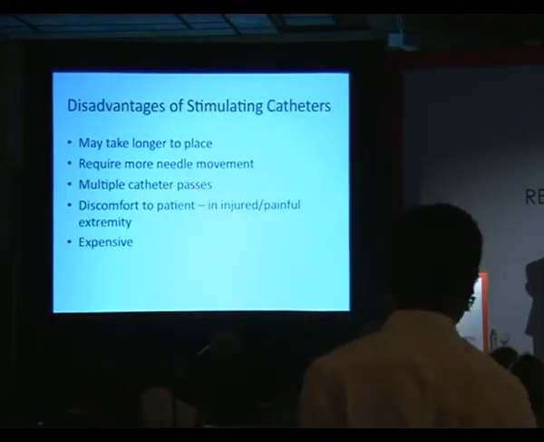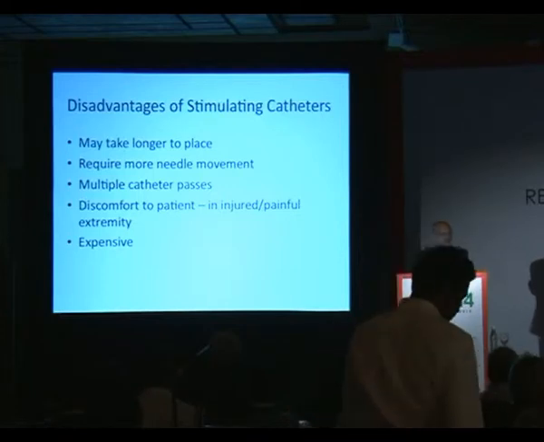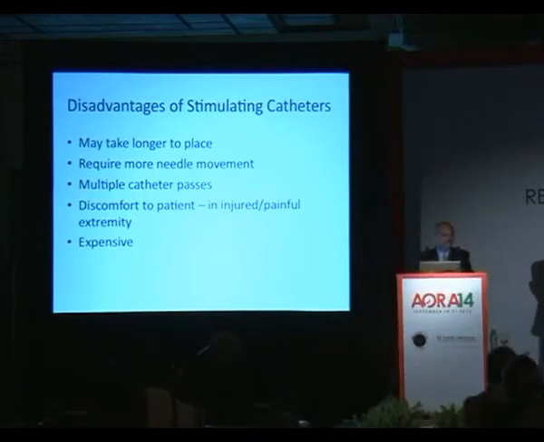There are some disadvantages as well. It may take longer to place a stimulating catheter, especially when you're starting out using these catheters. As I mentioned earlier, when you thread in your catheter, you have to maintain a muscle twitch. If you advance your catheter and you do not get a muscle twitch, then you have to manipulate either the needle, and your catheter needs to come in and out multiple times.